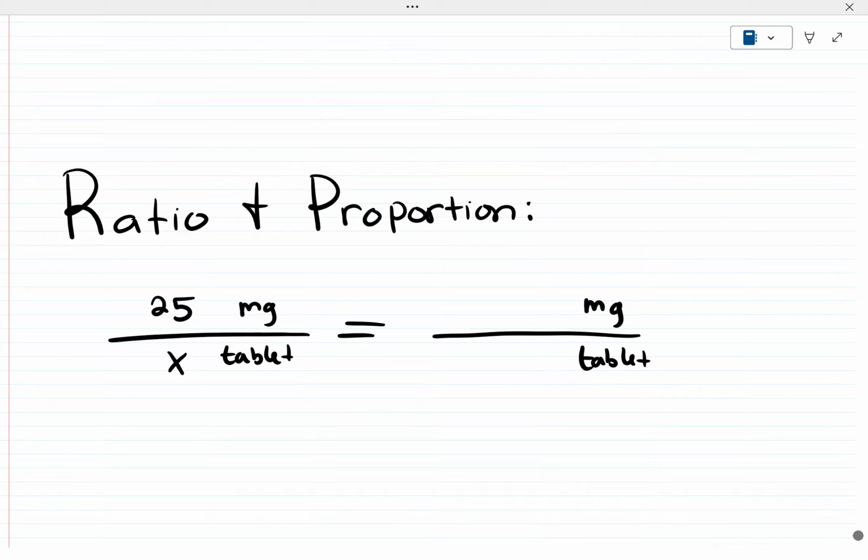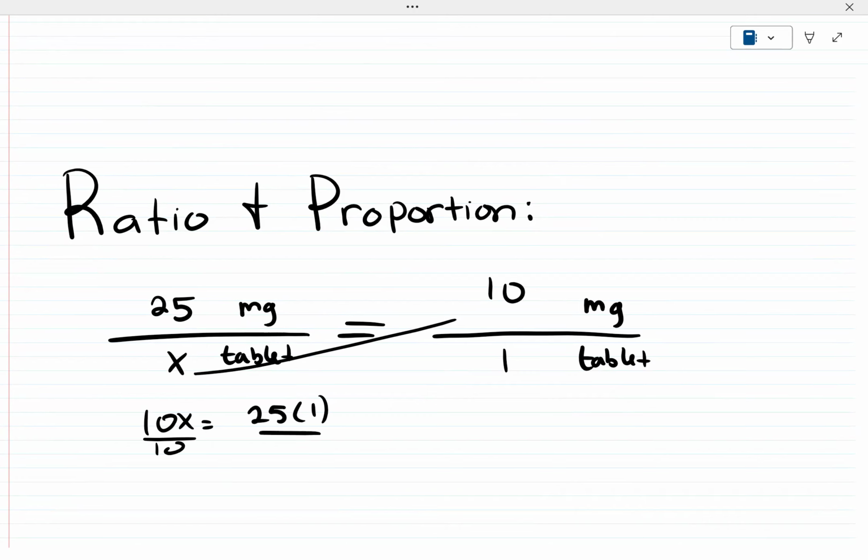We don't know how many tablets. Our availability was for one tablet there was exactly 10 milligrams. Cross multiply, so this is going to be 10x equals 25 times 1. Divide this by 10, divide this by 10, and you get 2.5 tablets.